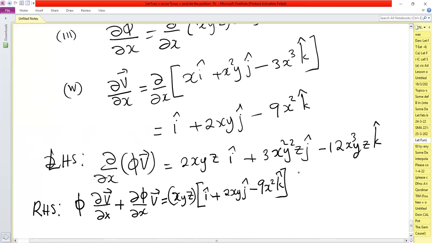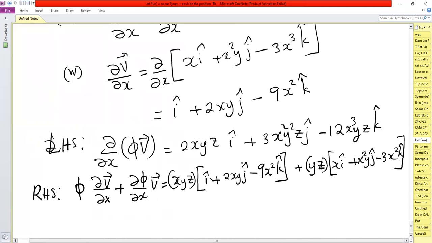And partial phi partial x, we found to be yz. And then vector v is given by xi plus x squared yj and then minus 3x squared k. So the thing is to open brackets and simplify and check that the final answer will be exactly the same as what you have on the left-hand side.